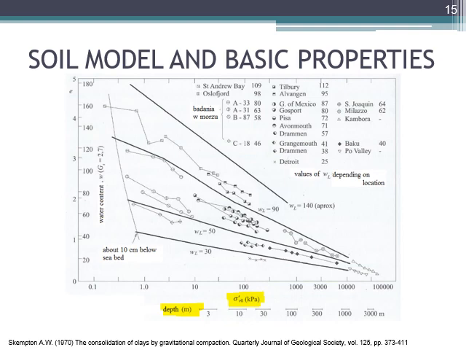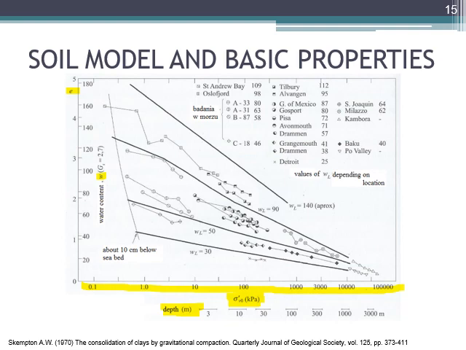Pay attention to the fact that the scale here is a logarithmic scale. On the vertical axis, we see the void ratio or the water content, w. They correspond to each other.